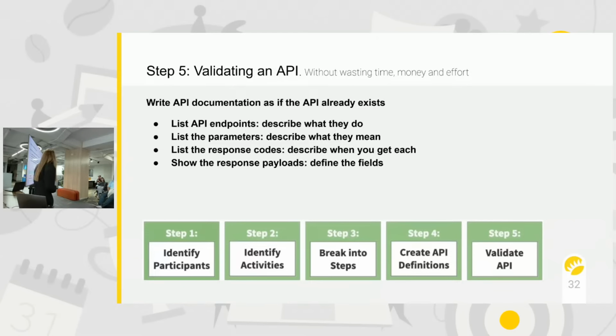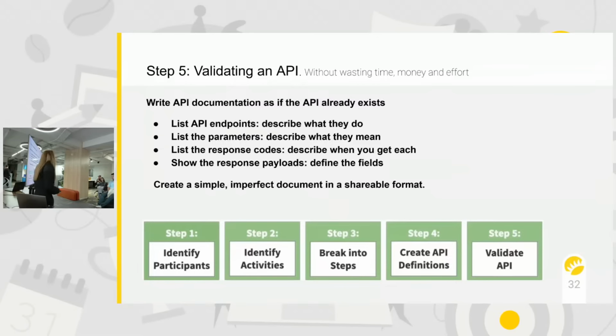So we need to write API documentation as the API already exists, and we need to have API endpoints, parameters, response codes, and response payloads. We already learned API resources and functions. To be honest, I didn't want to deep dive into these endpoints, parameters, response codes, and response payloads, so I can show them in the next slide.